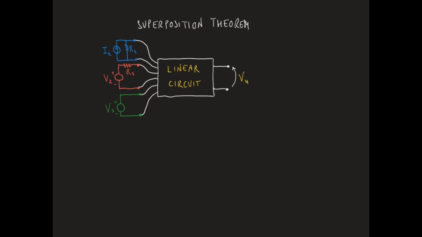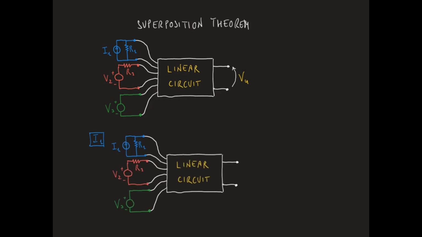According to the superposition principle, in order to calculate or even measure, if we deal with a real circuit, the output voltage Vu, as we called it, we can proceed as follows. We first find the response to I1, the real input current source, alone. To do that, we need to switch off the voltage sources V2 and V3 and replace them with their internal resistance.